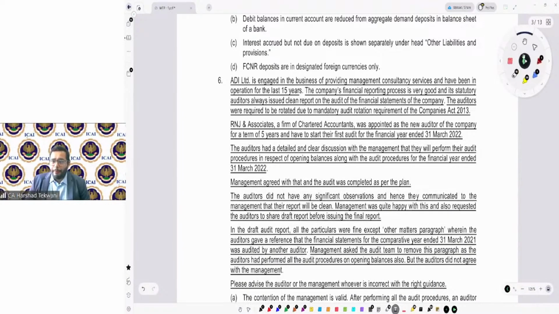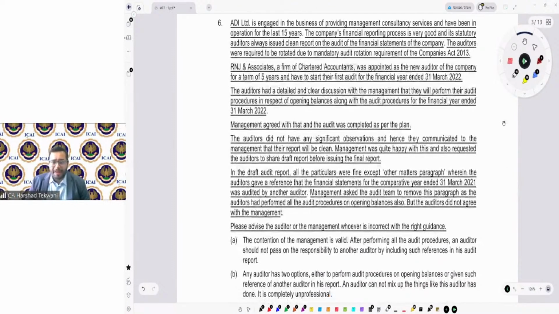Now you tell me, mentioning this detail in the other matter paragraph, is it appropriate or not? Whether mentioning this detail, that the financial statement for the comparative year ended 31st March 2021 was audited by another auditor, is appropriate or not? Come on, guys. What do you think?